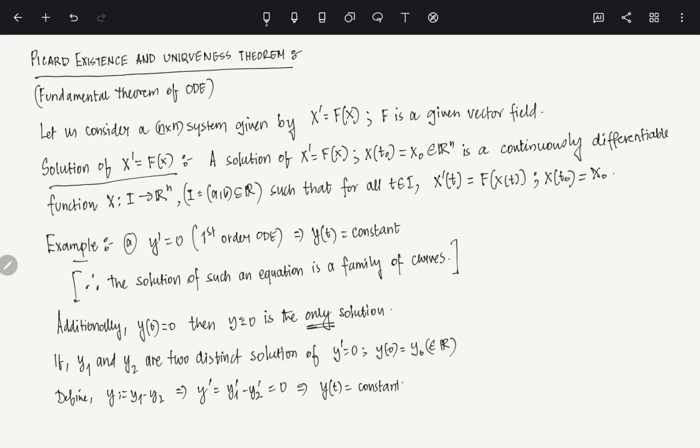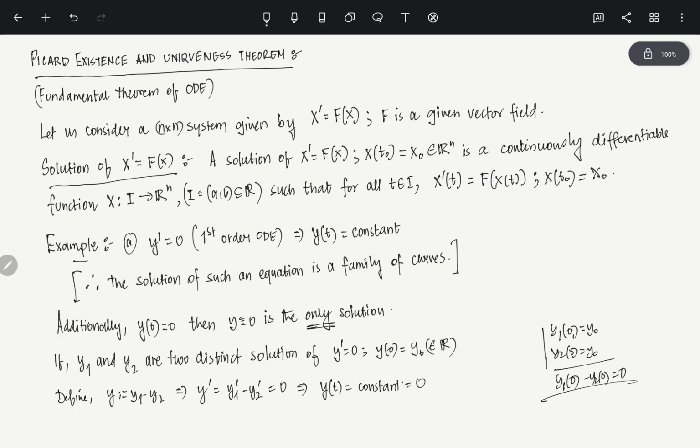Since y at 0 is y0, that constant has to be y0. But the constant is not y0 here, because y is y1 minus y2, and y1 at the point 0 is y0, and y2 at the point 0 is y0. So y1 at 0 minus y2 at 0 is essentially 0. So this is nothing but 0.